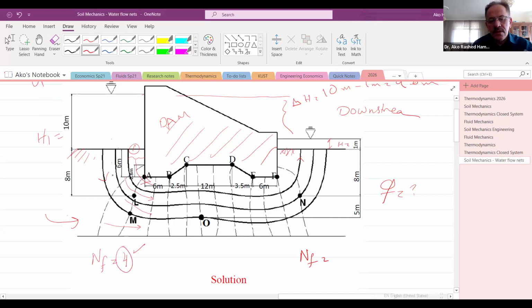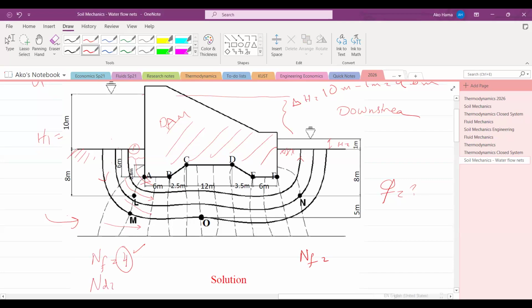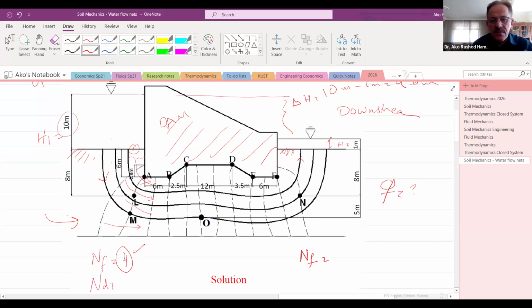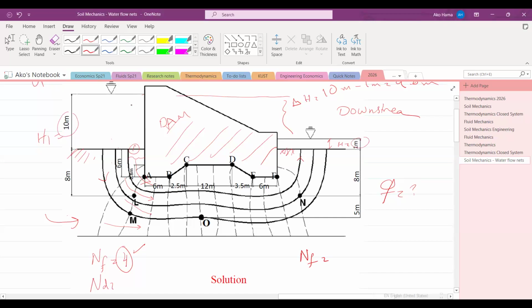Okay. The ND, the drops. So what will be the number of the drops? This 10 meters becomes 1 meter, right? So it has been decreased by steps.